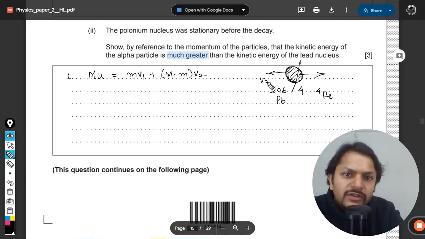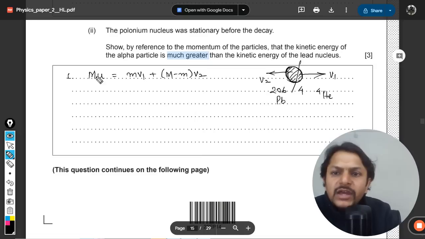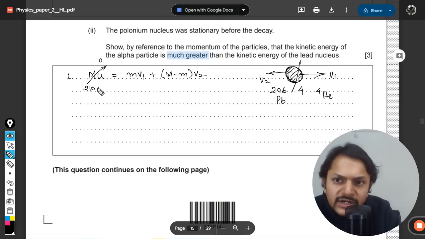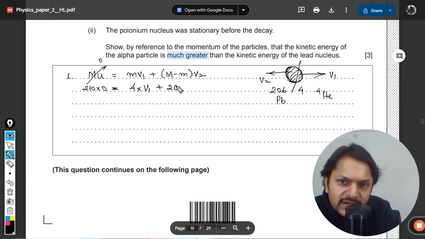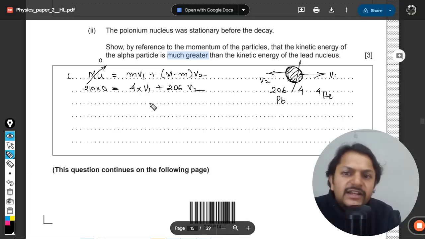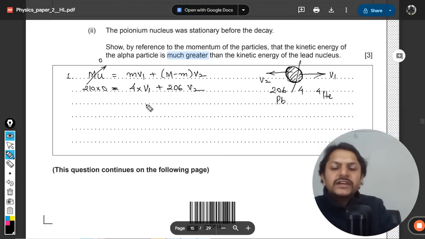This is moving with V2, this is going with V1. This is 0 because initially the polonium is not moving. It is 210 into 0. And this mass small m is 4. So 4 into V1 plus this mass will be 206, and that is V2. This is 0.